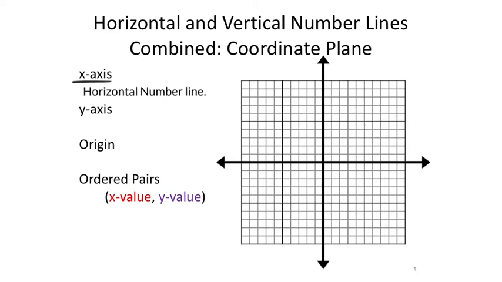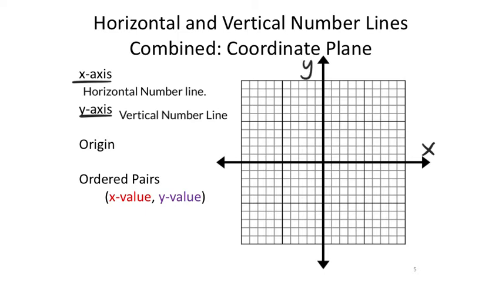Usually what they'll do on the grid is that here on the right, just above that thicker number line, they'll put an X there. That is to tell you that that is the x-axis. The y-axis then, of course, would be the vertical number line. Okay, and again, usually up here at the top, usually they'll put a Y right there.